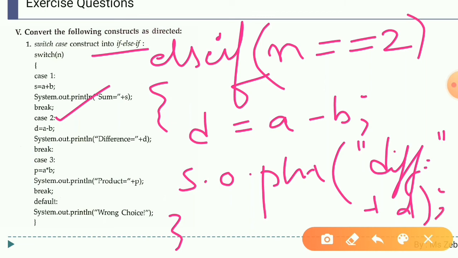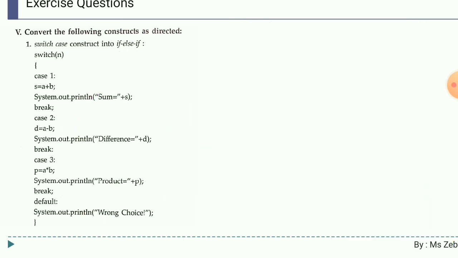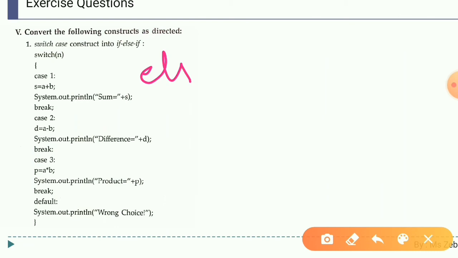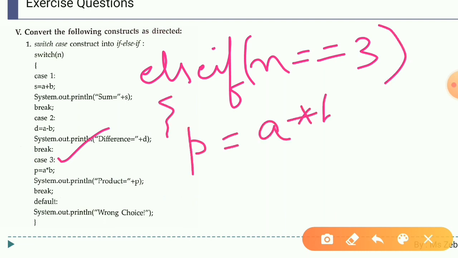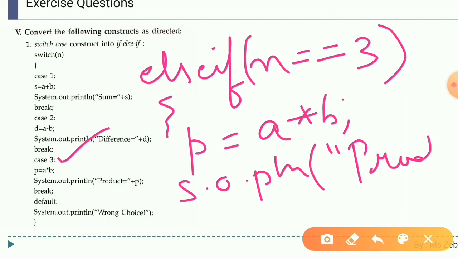You are going to write this out, and then continue your answer with the same when we check our else if n equals to 3 for case number 3. Again two statements: p equals to a into b, and then System.out.println("this product" + p).